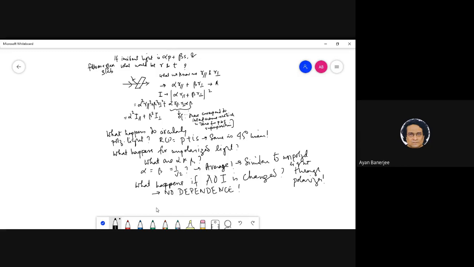By the way, there is something very interesting, which I must admit I am not completely sure of, because there is a possibility that the overall intensity will reduce to half. If we take unpolarized light and pass it through a polarizer, then it becomes independent of the angle of the polarizer, but the overall intensity becomes half of the input. So I think you might get a very similar thing here.